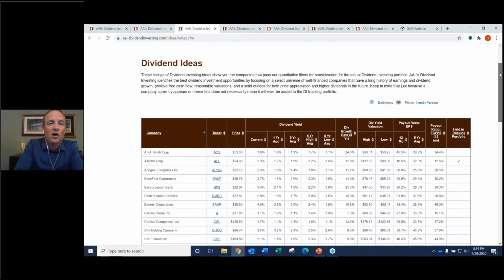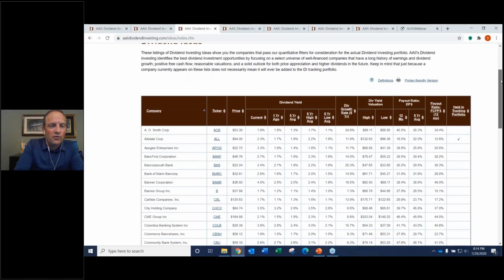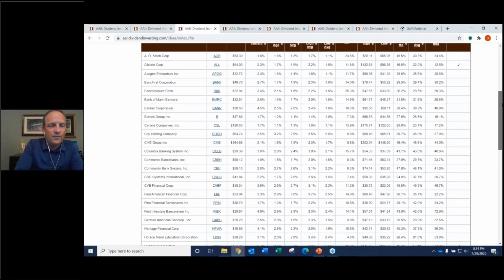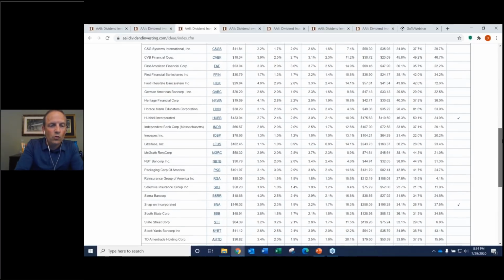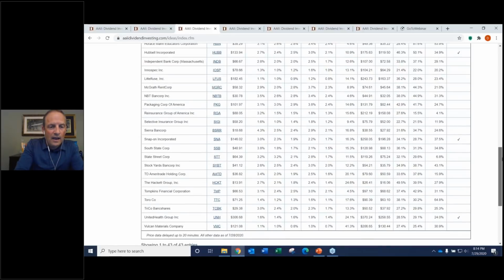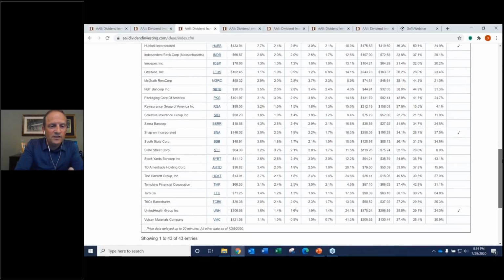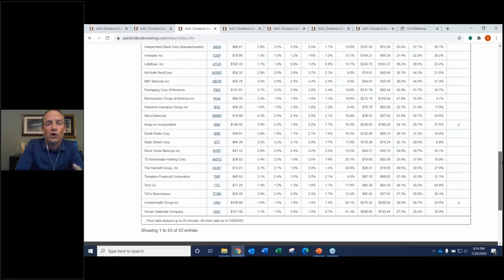However, what these companies are, and I'll just scroll through it, at any given time, there could be 40 to 50 companies depending on the week. Right now you can see at the bottom, it says there's 43 companies passing, and that's as of yesterday's close.